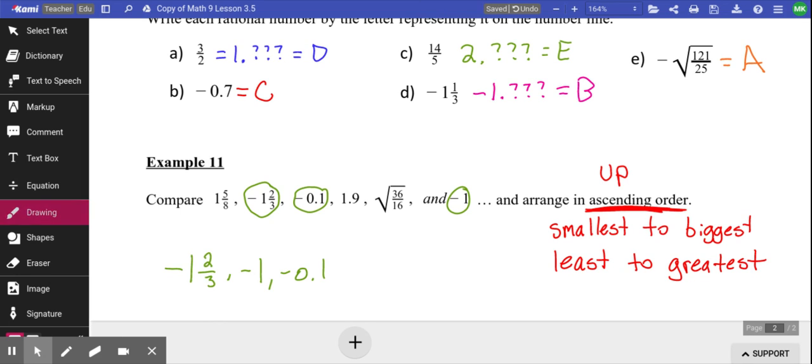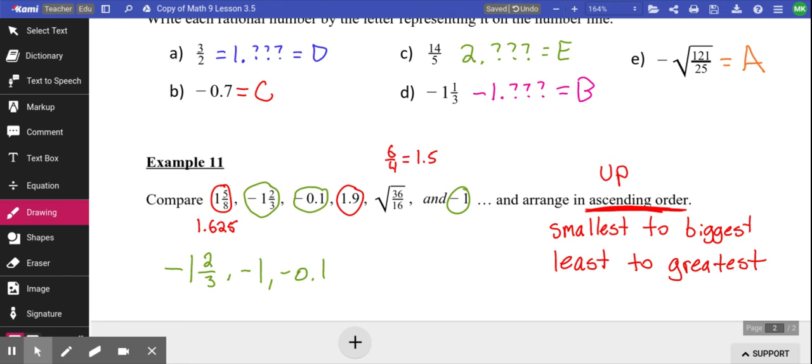Then I'm going to try to sort these numbers. I have 1 5/8, 1.9, and this thing, which is going to be 6/4. You're probably going to have to convert all those into decimals to be able to compare them accurately. 1 5/8 becomes 1.625. 6/4 becomes 1.5.